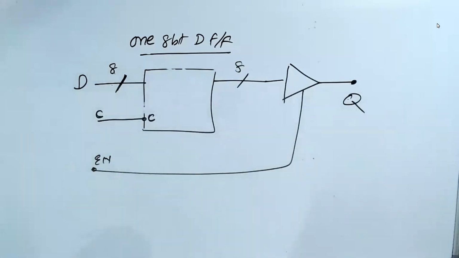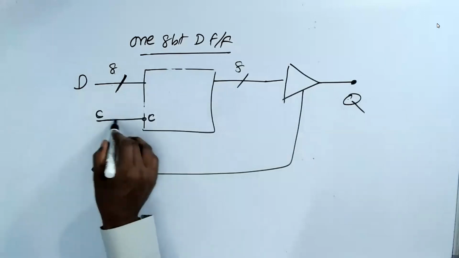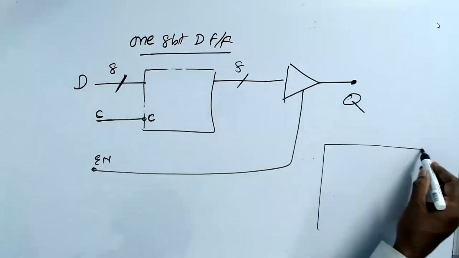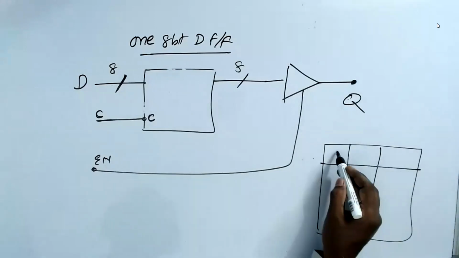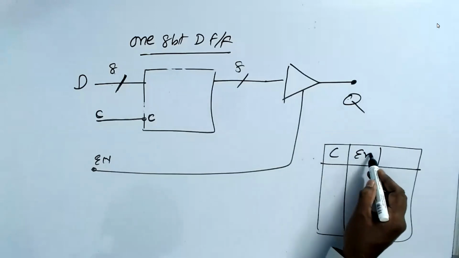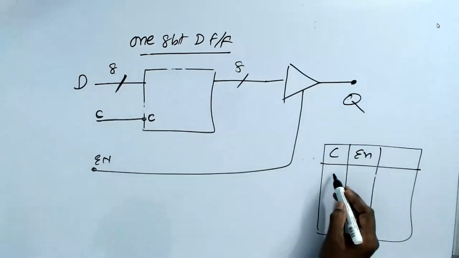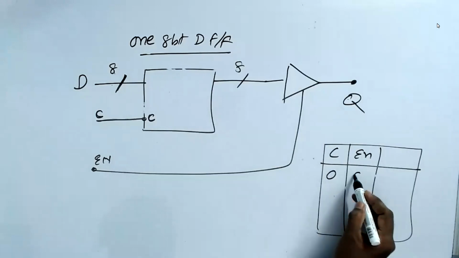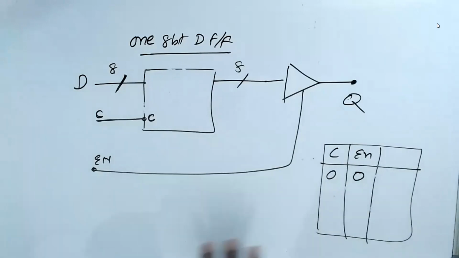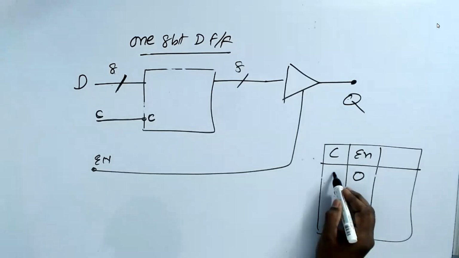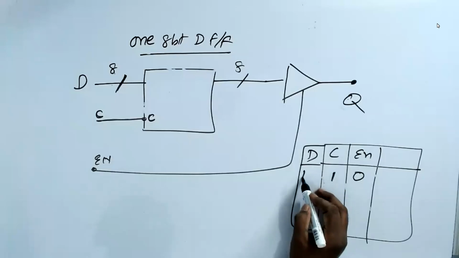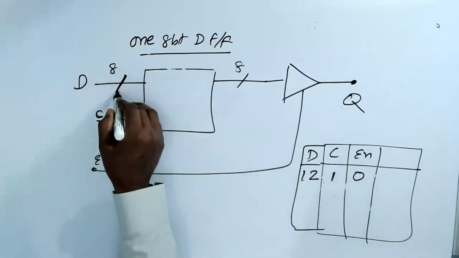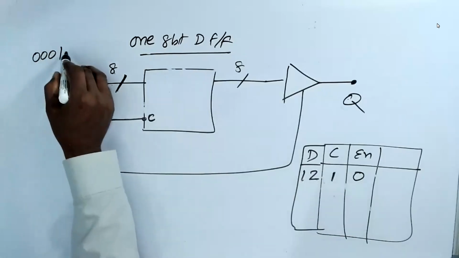Now think: if I draw a table with C and enable, what happens? Let's say C is 1. I give D as some data, 12. 12 means 0, 0, 0, 1, 0, 0, 1, 0.